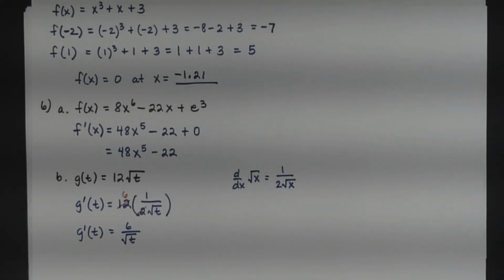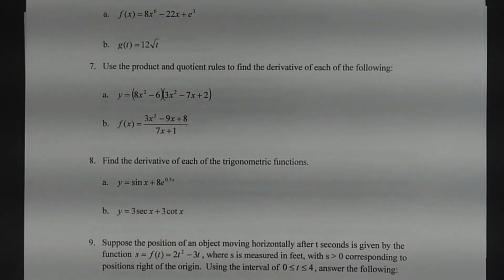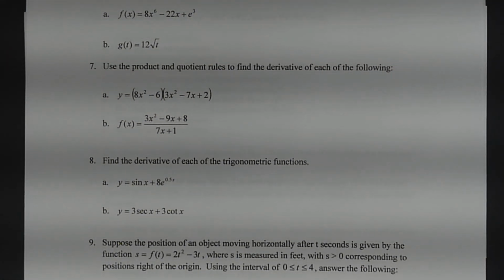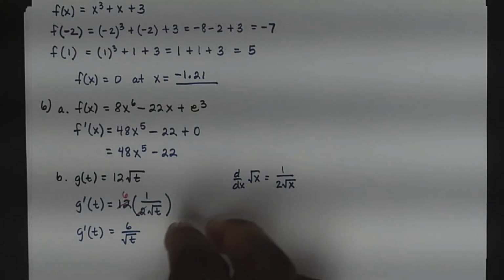All right, number 7, A and B, is to use the product and quotient rules to find the derivative of each of the following. Okay, so I'll go ahead and move this sheet of paper over and write the problems of 7A and 7B.